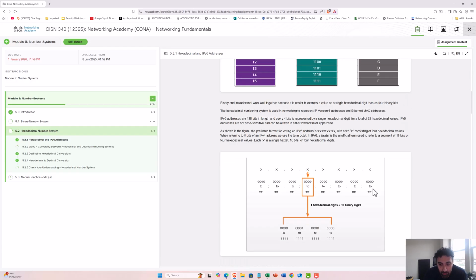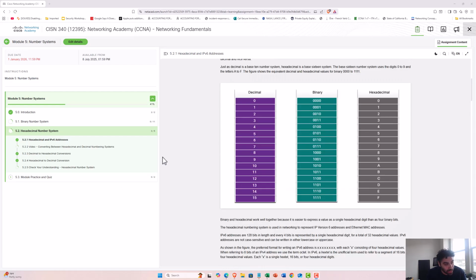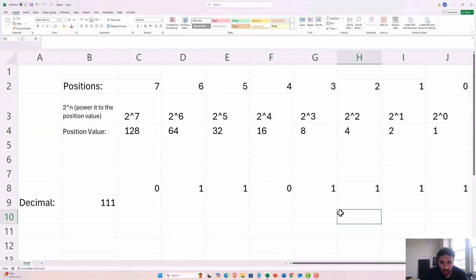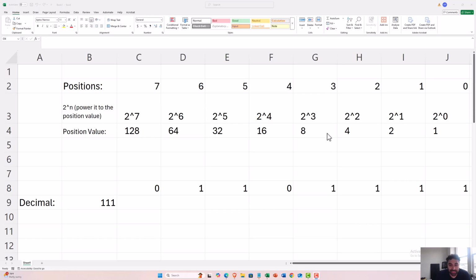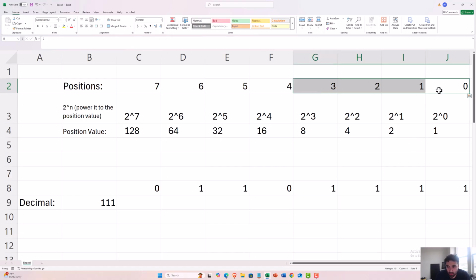So what that means is that if there are 16 different characters, and we're trying to convert a hexadecimal into binary, we'll go back here in our Excel document. There's 16 different combinations of zeros and ones you can do all the way up to positional 3, right?